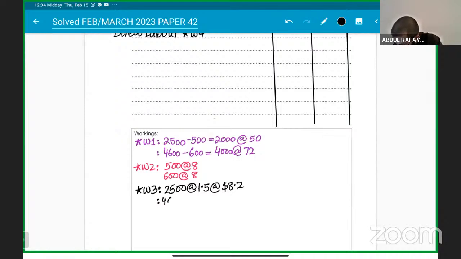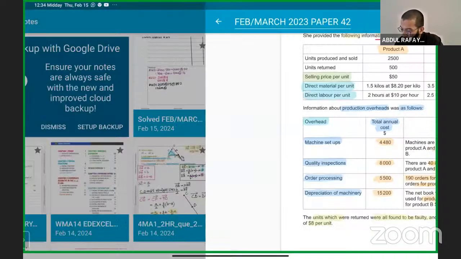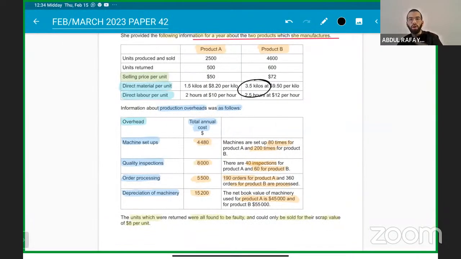That is, total number of units are 4,600. And for product B, 3.5 kilos are required per unit. The cost per kilo of the direct materials is 9.5.